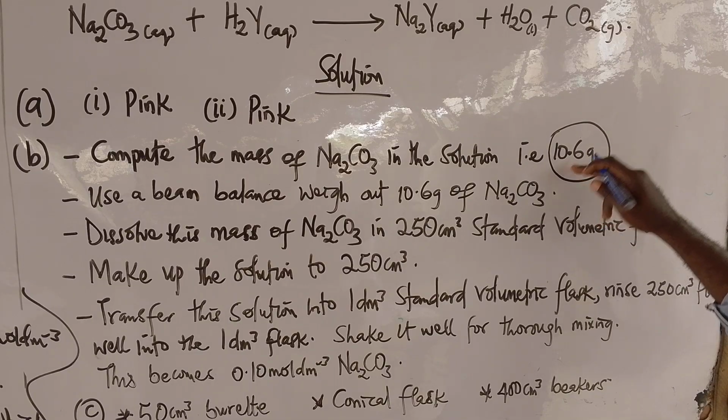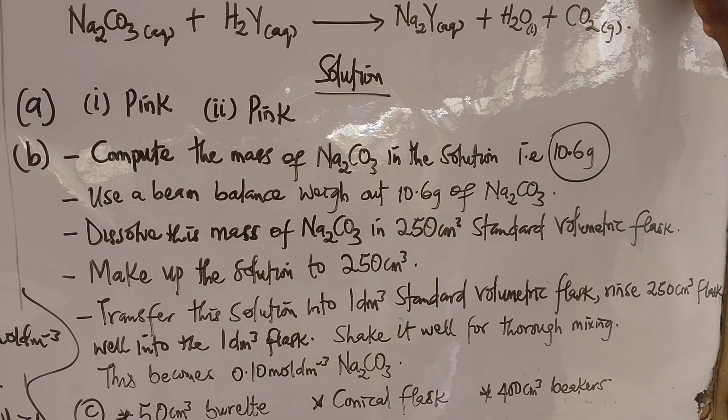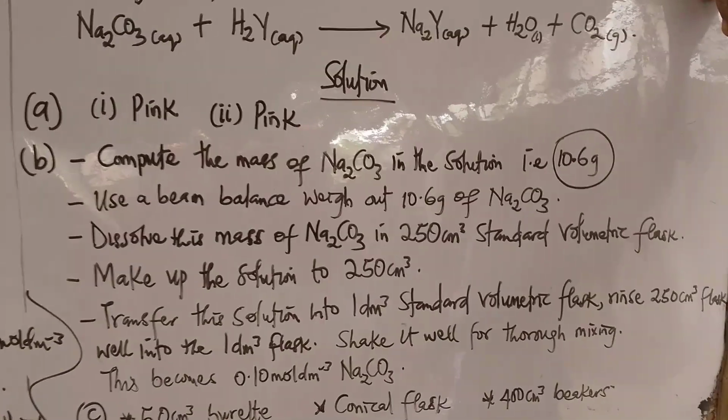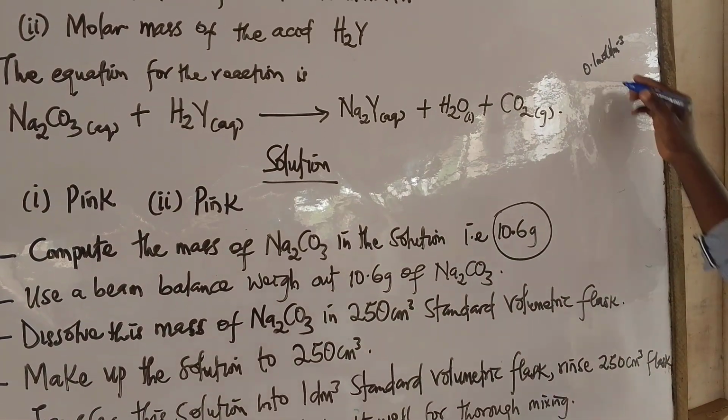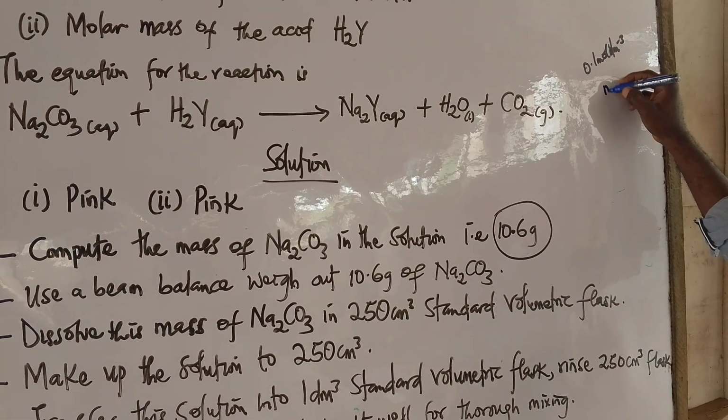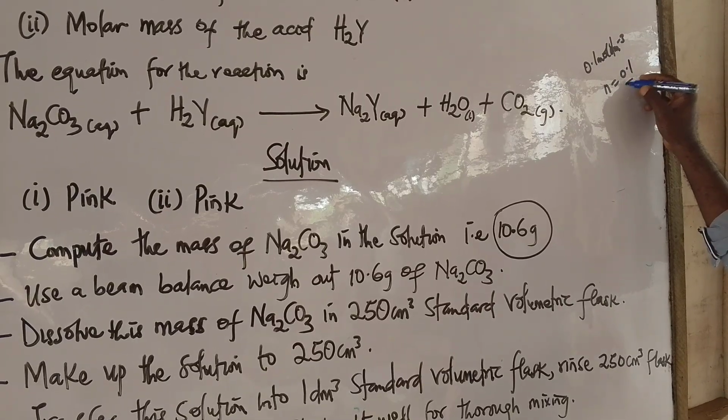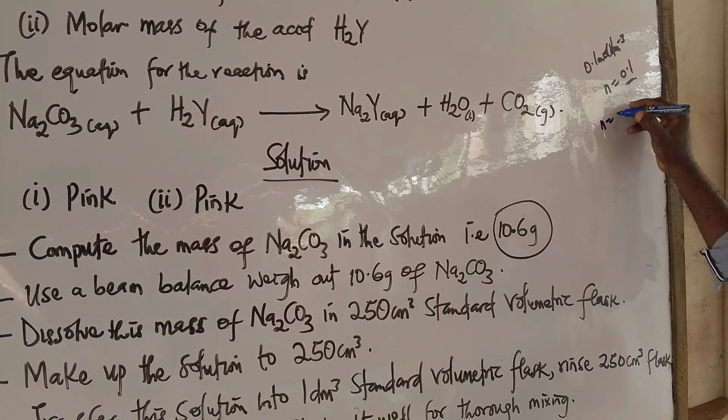So how do you get this mass? You are given the concentration to be 0.1 mol per dm cube, which is the same thing as mole is 0.1. Mole is mass over molar mass.